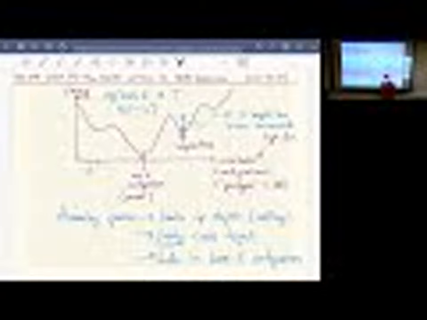And so in real physical systems, the annealing process sort of heats up the object.